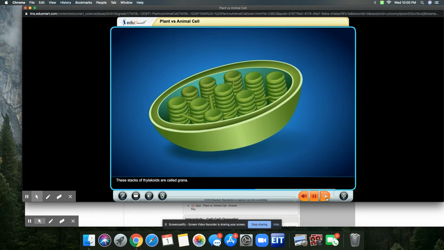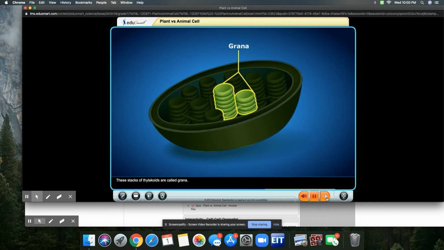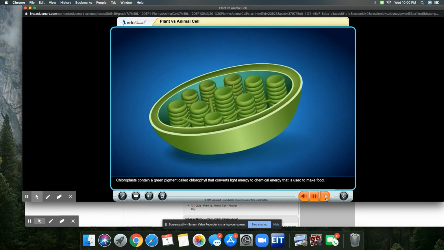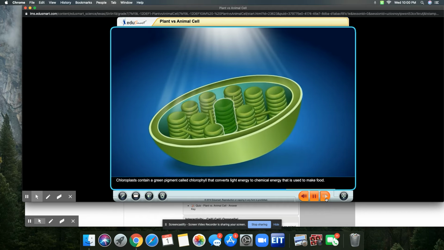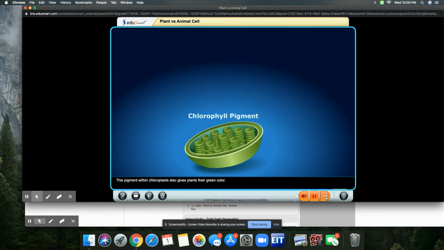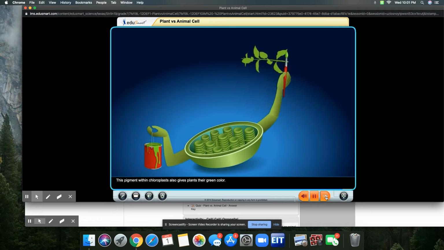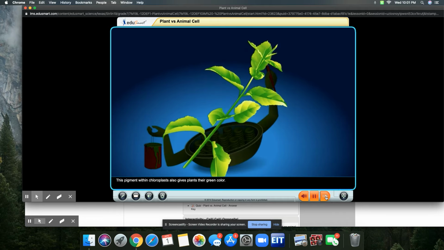These stacks of thylakoids are called grana. Chloroplasts contain a green pigment called chlorophyll that converts light energy to chemical energy that is used to make food. This pigment within chloroplasts also gives plants their green color.